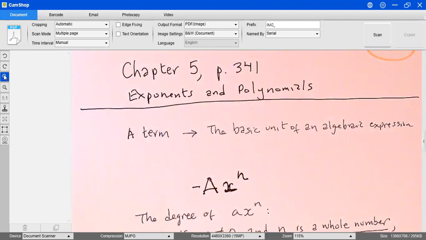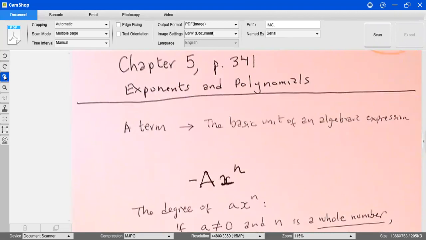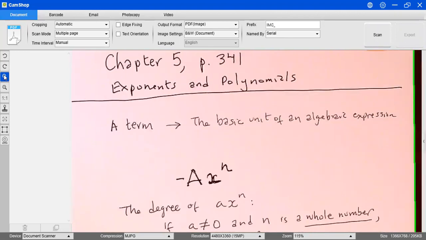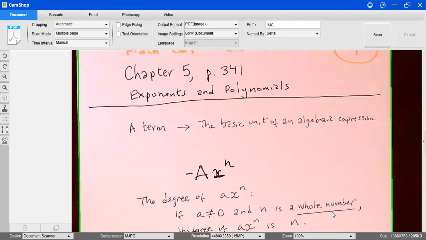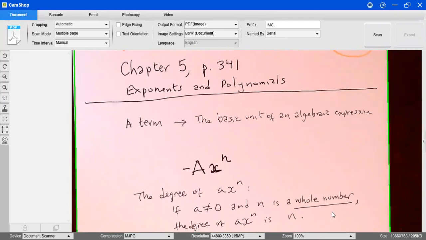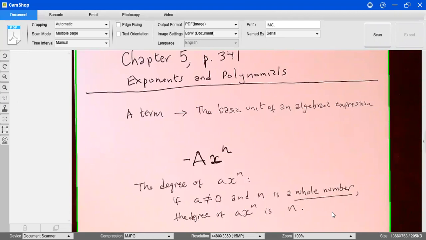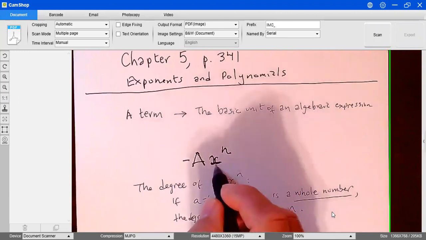So we're going to start with the concept of a term, something that we learned from previous lessons. So we know that a term is the basic unit of an algebraic expression, and we can write a term by just having a variable.